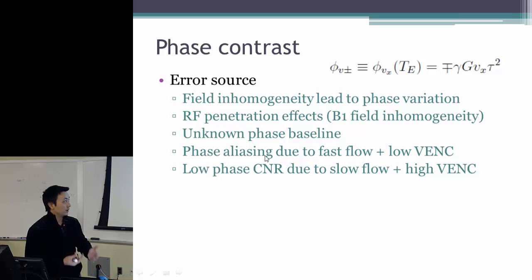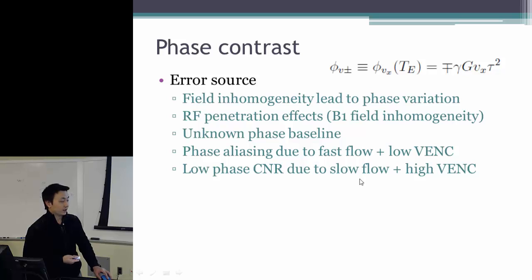And also, as we said before, we need to avoid phase aliasing, so we need to avoid the phase exceeding the 2 pi limit. If we are using a low Wank value and we have fast flow, we will observe significant phase aliasing inside the vessels, and that phase will not be directly proportional to the velocity.